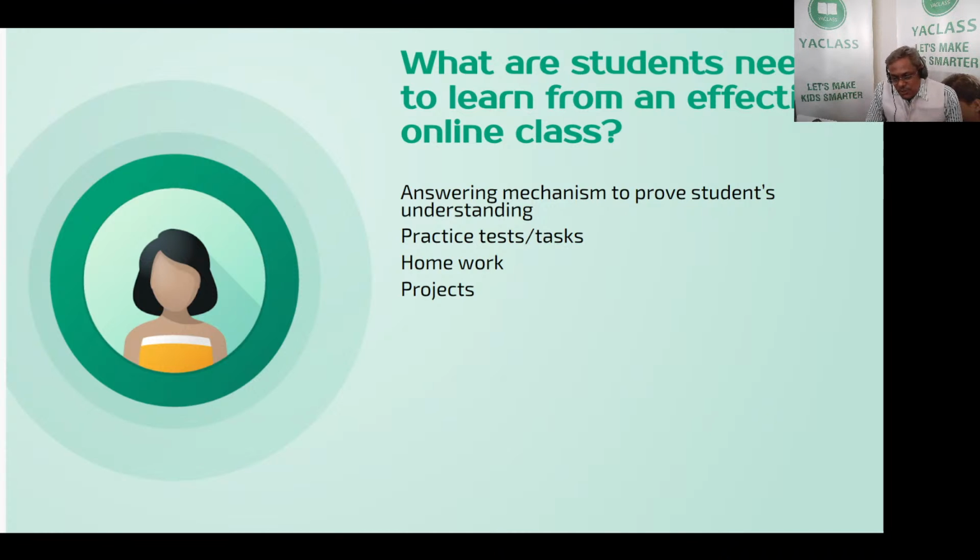But what about the students, whether they have learned it better, learned it well, right? So for that the teacher needs some tools, yeah, that is done through your questions, answering mechanism. For that, teacher should provide students an answering mechanism so that the students can prove that whatever they learned or understood is perfect. They need to do the practice test and task, and homework has to be done.